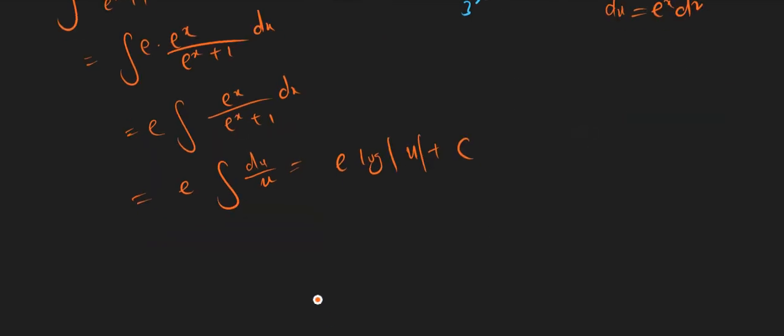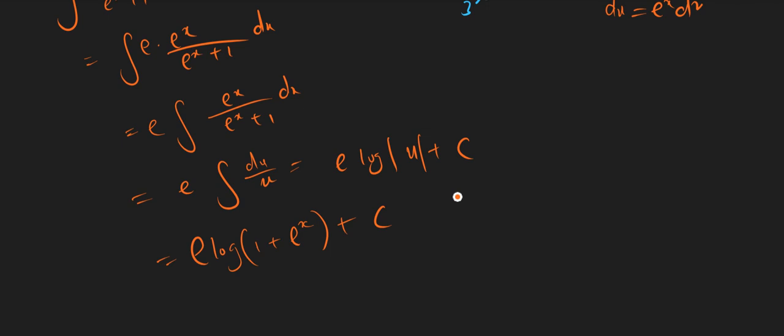But we can write this as e logarithm of 1 plus e to the x. Of course, we don't need the absolute value because this is always going to be positive. So we can just write e times logarithm of 1 plus e to the x, then plus c. That would be our final answer here.